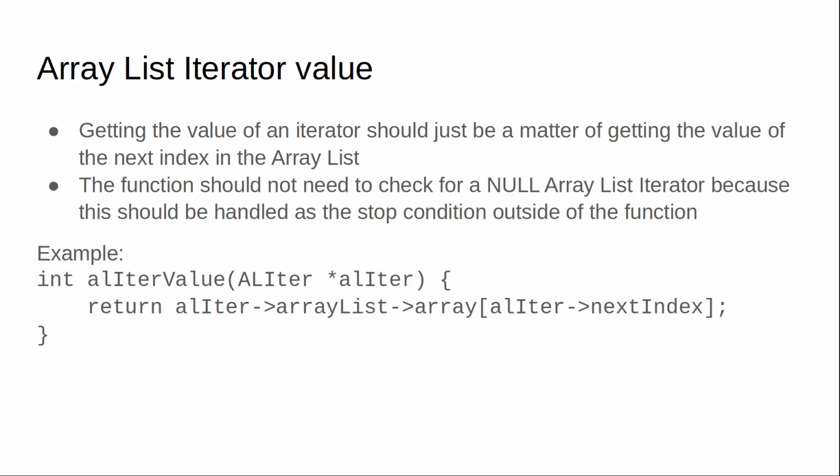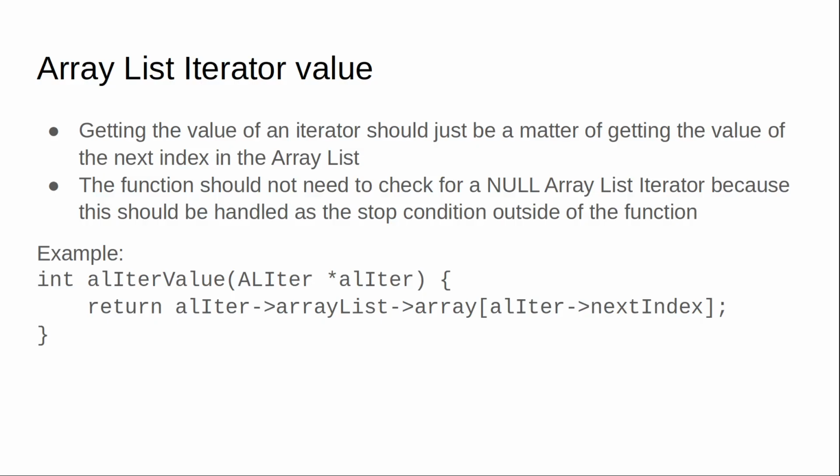I'll show you why in just a second, but remember that our previous function does return a null pointer in the event that we're at the end of our list, but it is the responsibility of the user of an iterator to check for a null iterator. That is the usual flow of using and incrementing an iterator to its end. So we're not going to check for a null here. We're just going to look up the value that we're storing and return it.